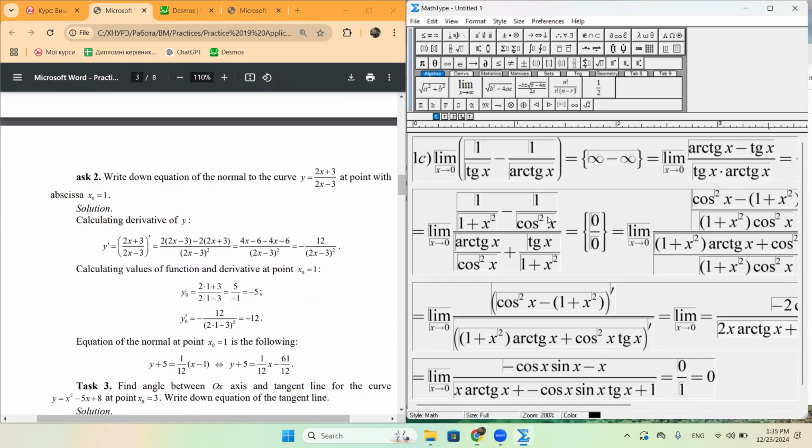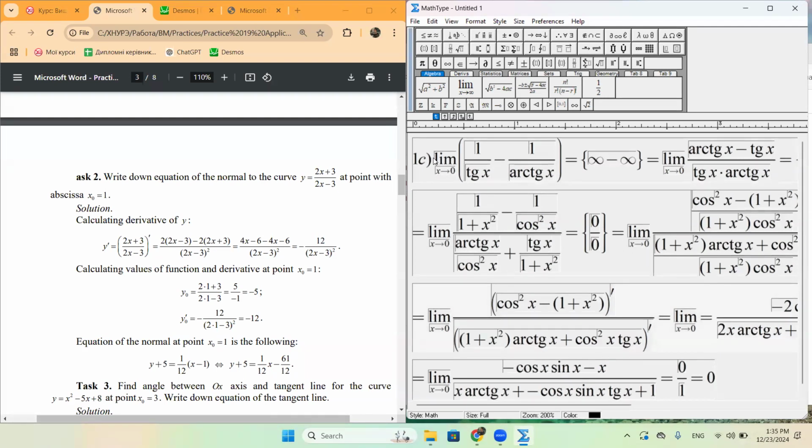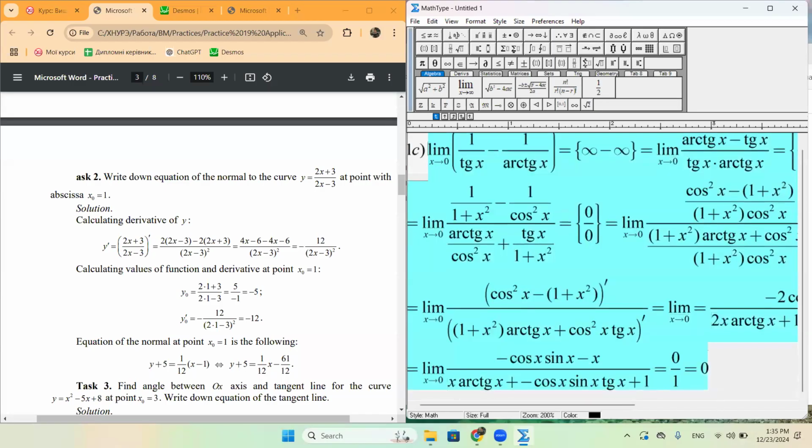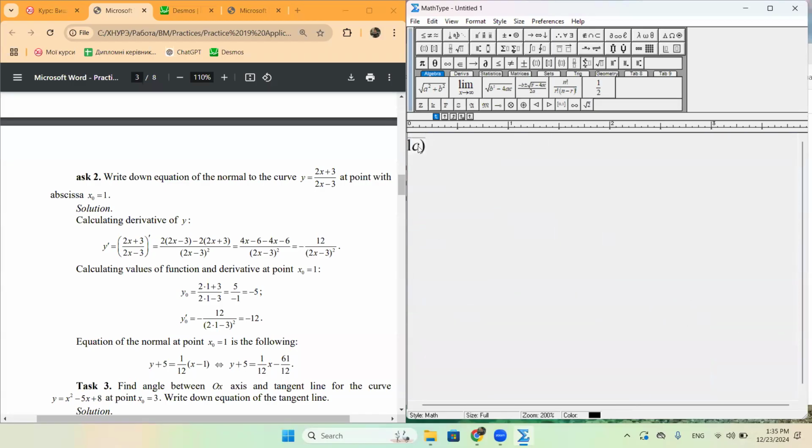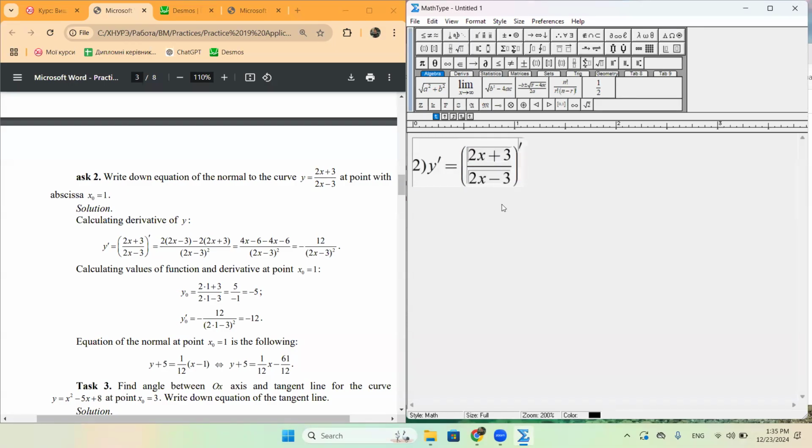Okay, the next task is to write down the equation of the normal to this curve at the point x equals 1. So, first of all, let's differentiate the function: 2x plus 3 over 2x minus 3, prime.